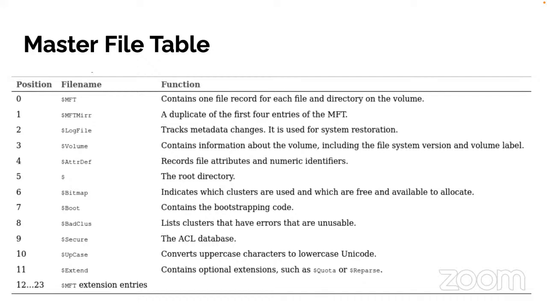This table shows you where different information is stored. So in the master file table, at the beginning is the MFT itself, containing the file record. MFT mirror is the duplicate. Next to that would be the log file, that's tracking the metadata changes, information about the volume, and so on.